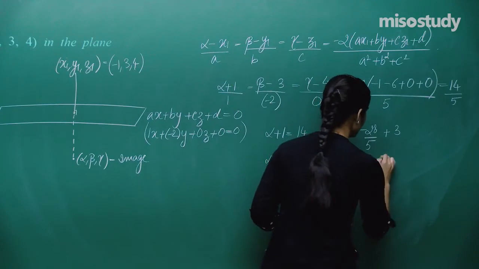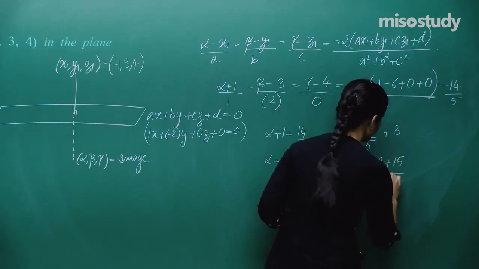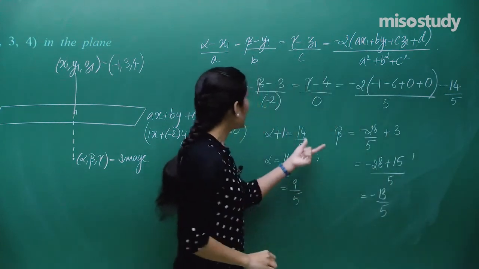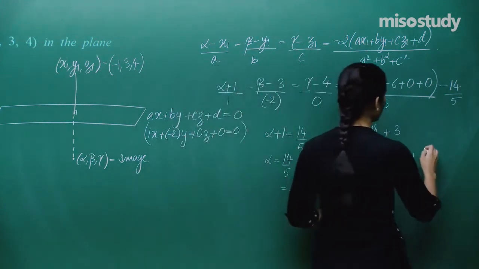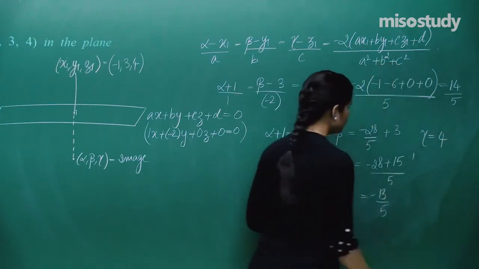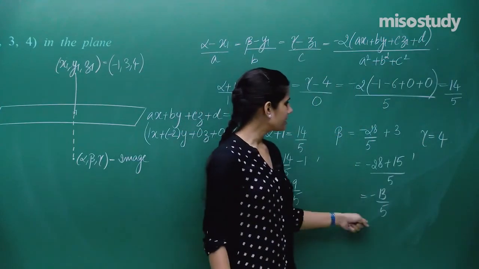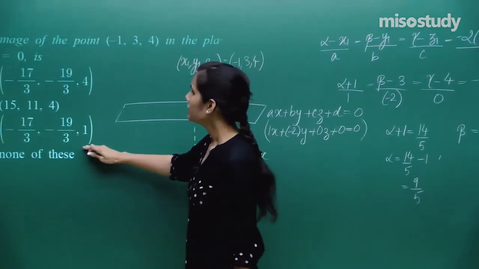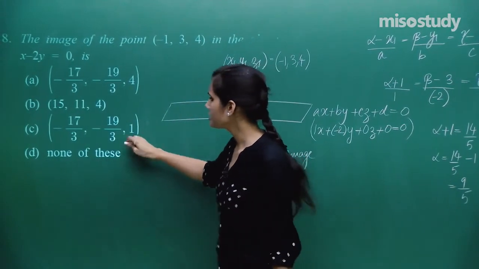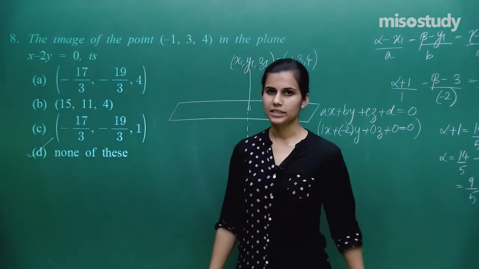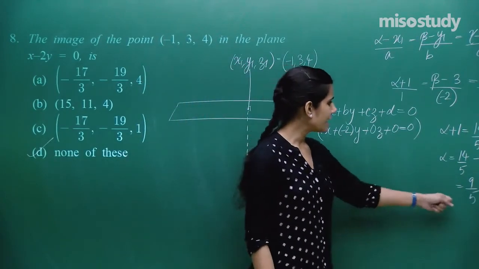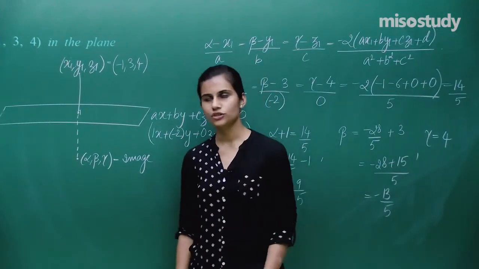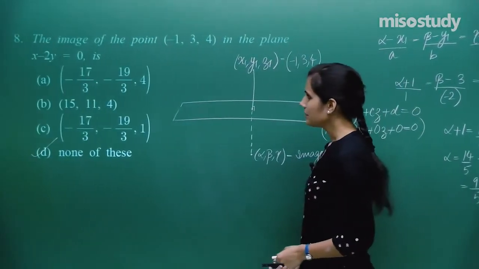This gives you minus 28 plus 15 upon 5, which is minus 13 upon 5, and gamma minus 4 upon 0, so gamma is going to come out to be 4. So you get 9 by 5 comma minus 13 by 5 comma 4. Over here, neither this nor this nor this is the image. Answer is none of these, because your answer is 9 by 5, minus 13 by 5 and gamma being equal to 4, that's the image. So just the direct concept of image applied.